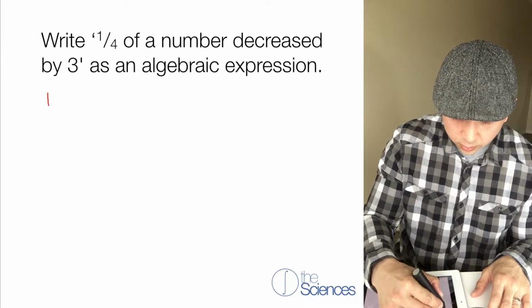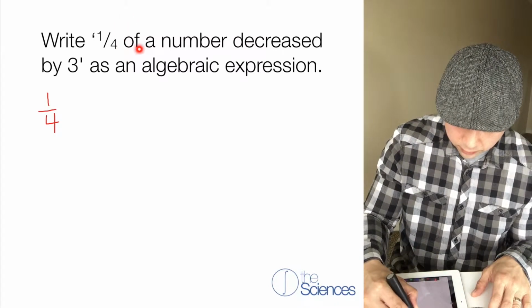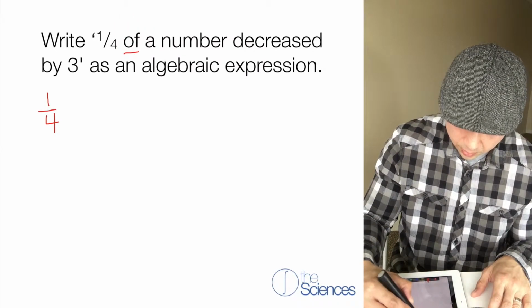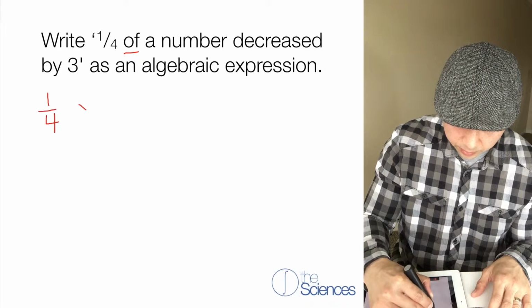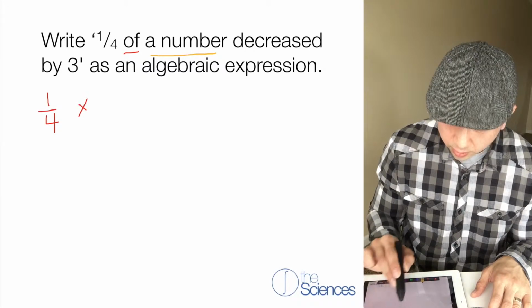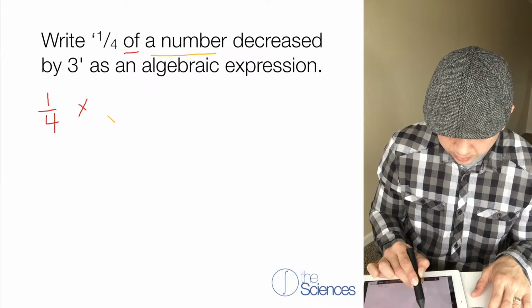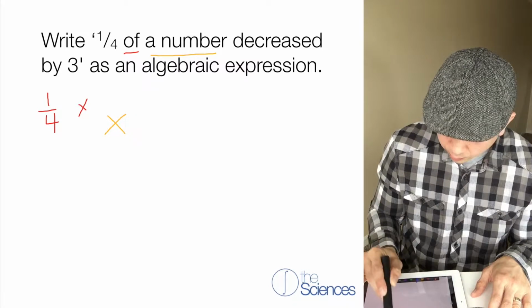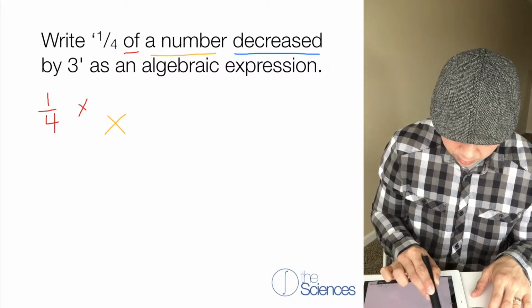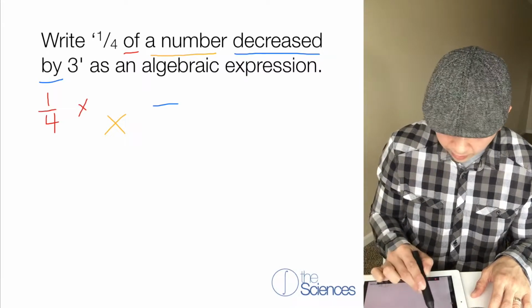So we have 1/4. Well, we said the word of means to multiply. So we can write multiply. Now we have a number, which could represent our variable. We'll say x. Now we have decreased by, which means subtract. So we're going to write minus. And then we have 3.